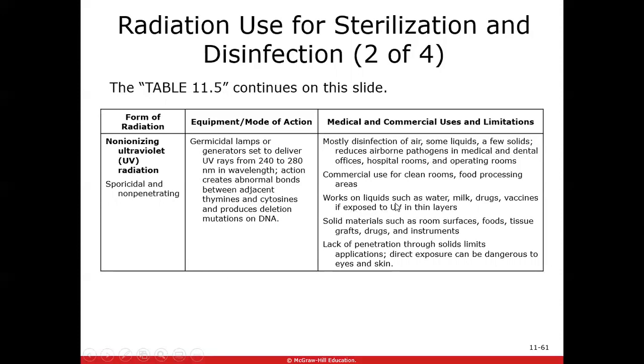It works well on liquids such as water, milk, drugs, and vaccines, if exposed to UV in thin layers. Solid materials such as room surfaces, foods, tissues, grafts, drugs, and instruments. It doesn't penetrate through solids, so it limits the application. So it has to have direct exposure. But direct exposure to your eyes and your skin can be detrimental.